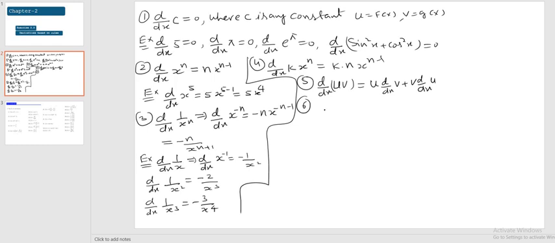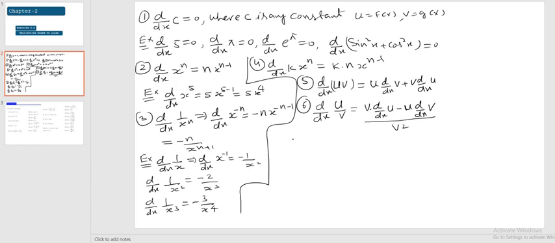And next, d/dx of the division, the quotient rule in your handout, u by v, where u and v are functions of x. So what we have to do? v times d/dx of u minus u d/dx of v, whole divided by v square.